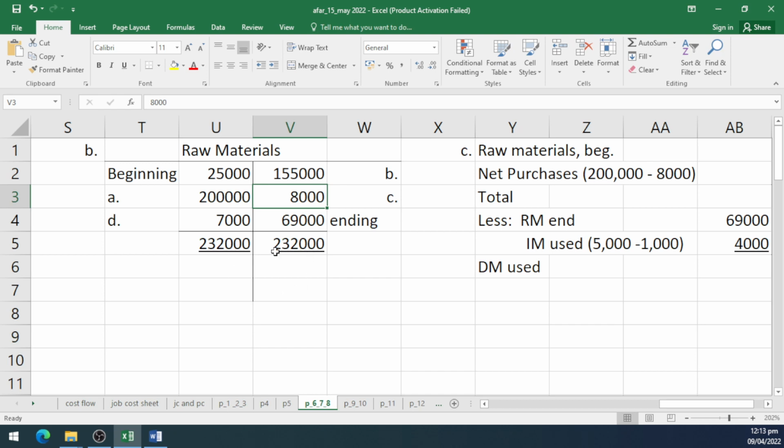Ayan. So, to determine your ending, ito po, marireconstruct ninyo yan. So, the total of the debits is this, 232,000. So, the total credit must be, ito, pupus lang natin dito for T account analysis. So, 232,000 minus the 155 minus 8,000, then ending must be 69,000.